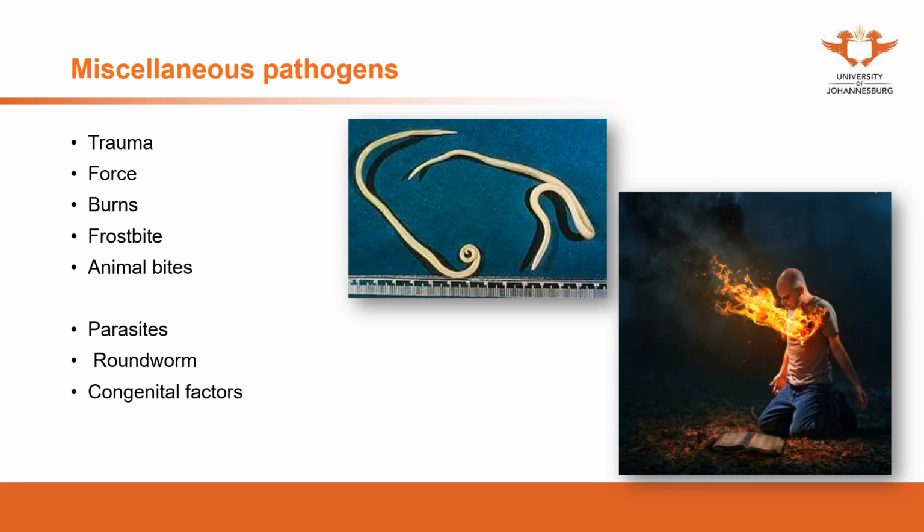Next, congenital factors. Congenital factors are actually quite complicated, and they are due to a congenital problem which comes from your parents. This is very similar to the innate factors.